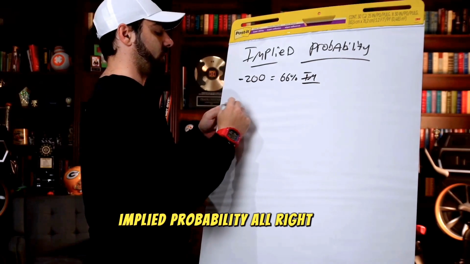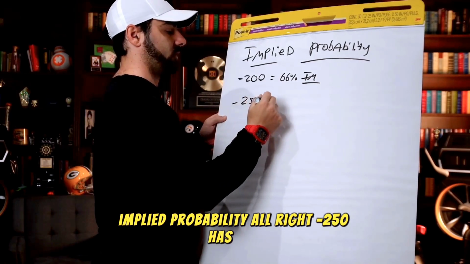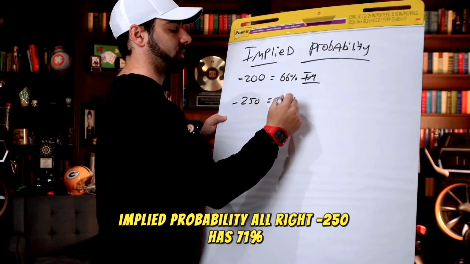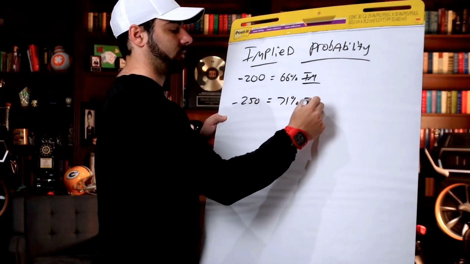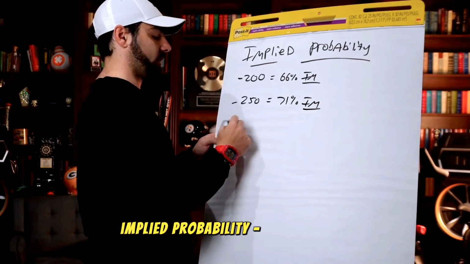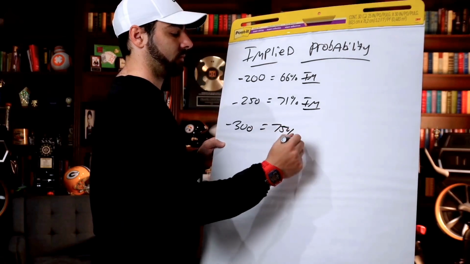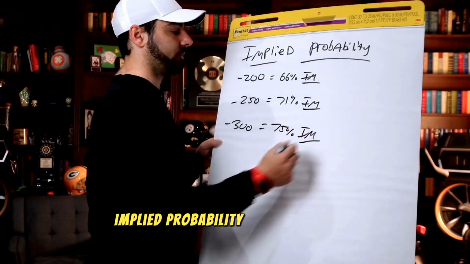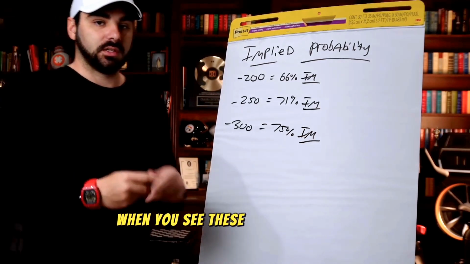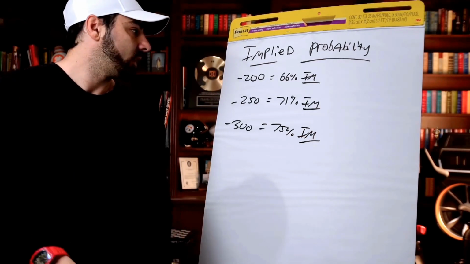A minus 250 has 71% implied probability. Minus 300 has a 75% implied probability.